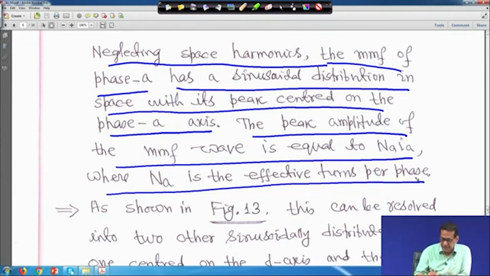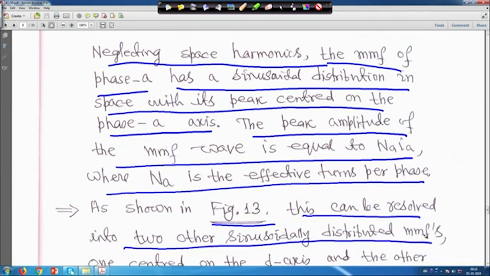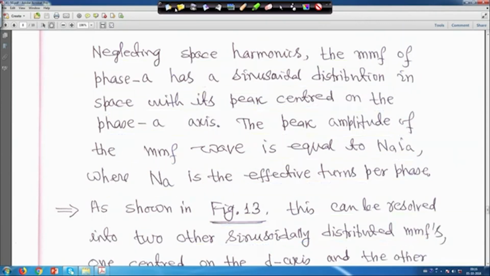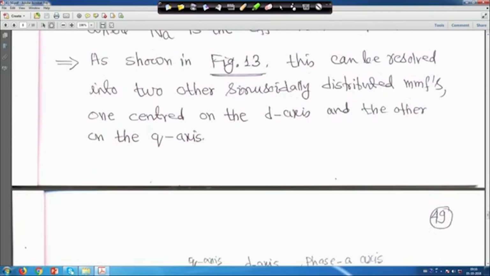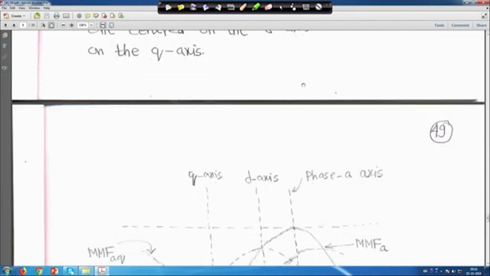As shown in figure 13, and as we have seen in the previous lecture, this can be resolved into two other sinusoidally distributed MMFs, one centered on the D axis and the other on the Q axis.